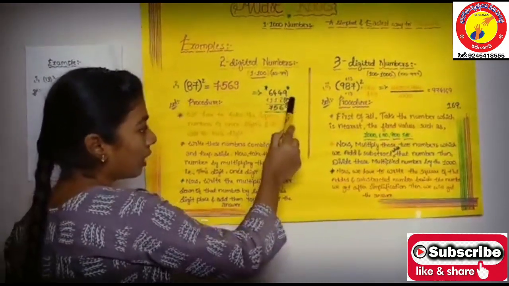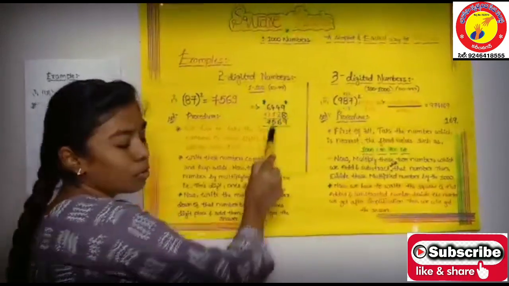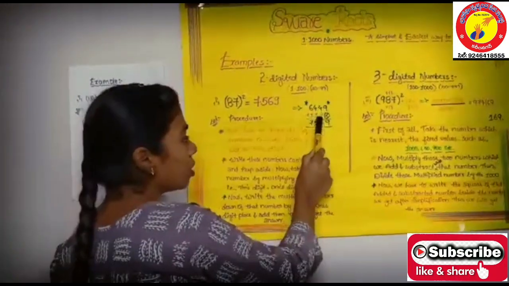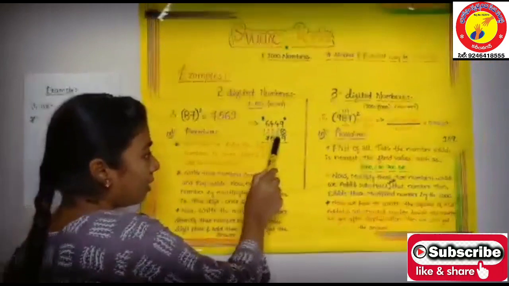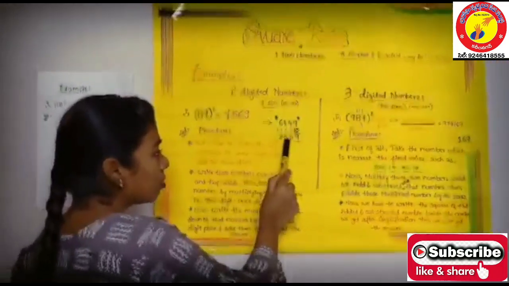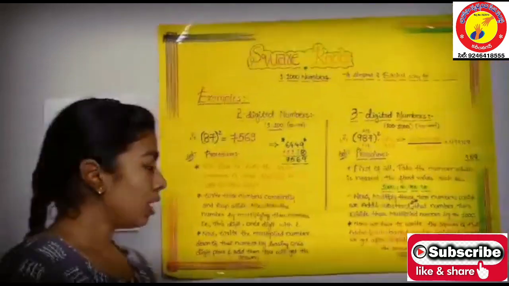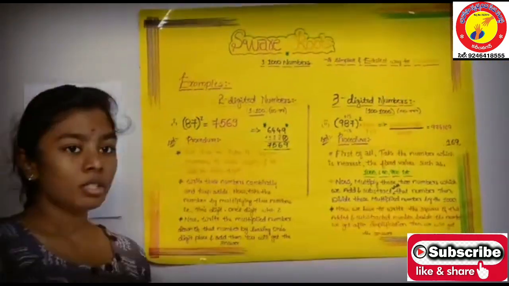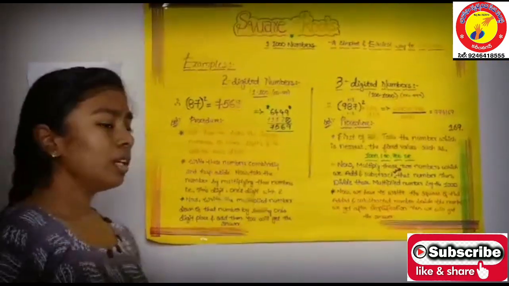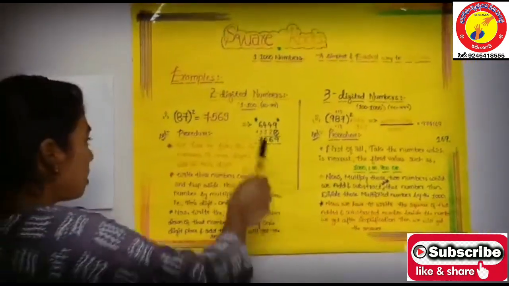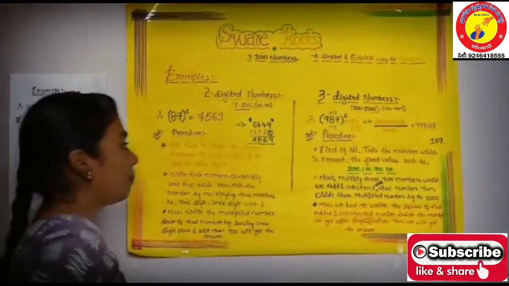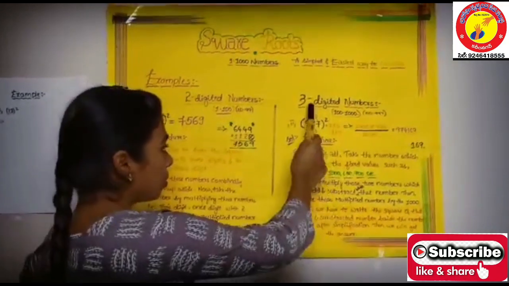So we should not write any number in the place of ones digit. So this 2 number should be added. If we add these two numbers, we get 7569. This 7569 value is the square of 87. So 87 whole square is equal to 7569.